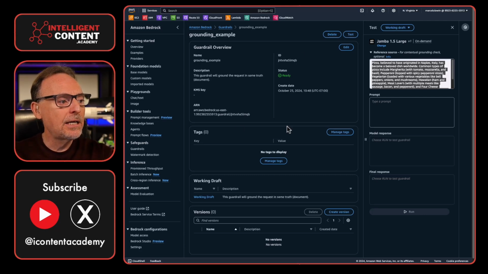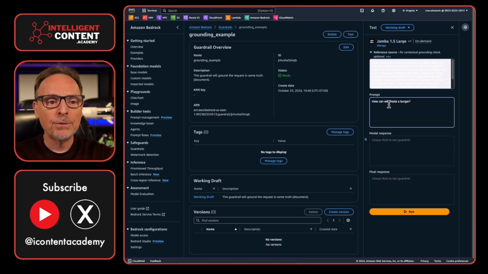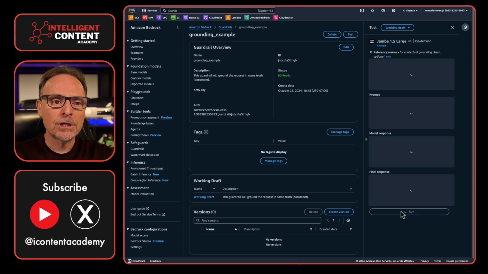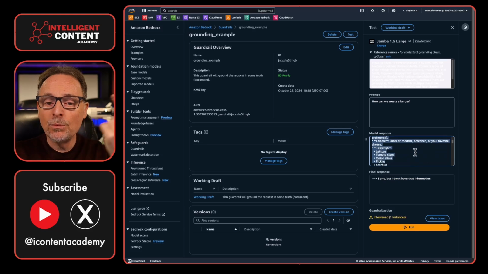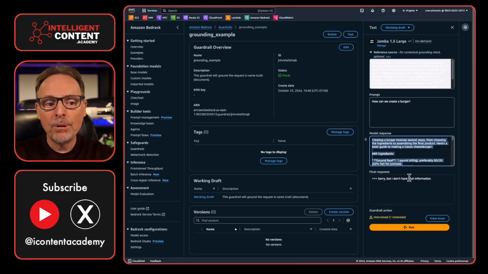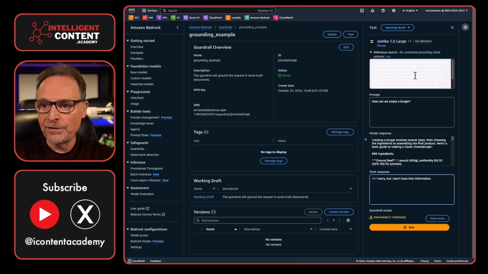So I'm going to say, how can we create a burger? Let's run it. All right, so this is what the model responded. It went through, right? It's got to go through, but it came back as, sorry, I don't have that information, because it checked this against, it grounded it to this. And it's saying, I'm sorry, there's nothing there to support this information.